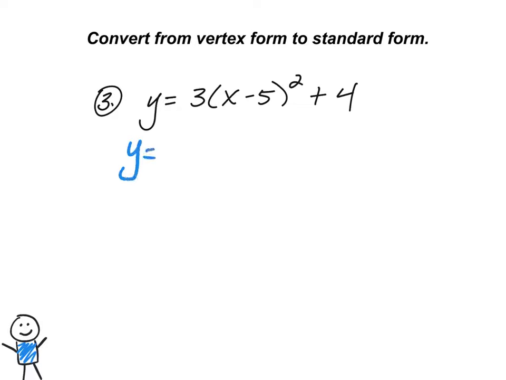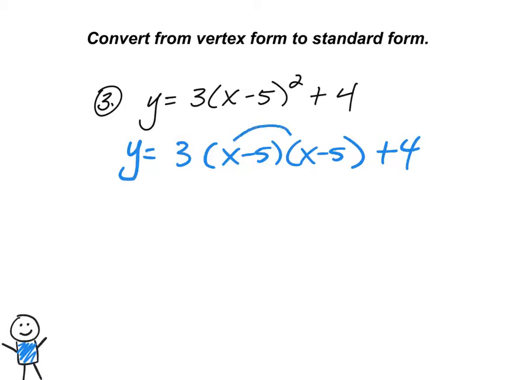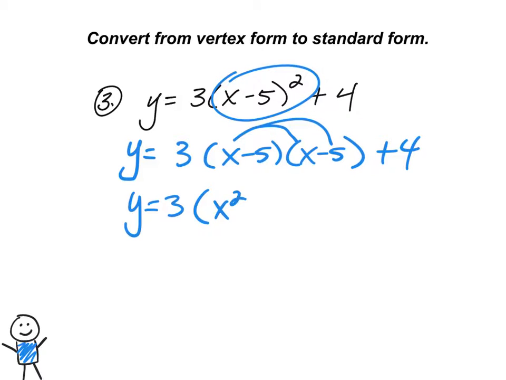So the first step here is I'm going to take care of this (x minus 5) squared by writing (x minus 5) twice. Okay, that's the meaning of squaring something. Now, I'm going to simplify that. I'm going to distribute this x to both terms. So I'm going to bring all this down, bring down this 3 out front, and I'm going to take care of this part first. x times x is x squared. x times that negative 5 is negative 5x.